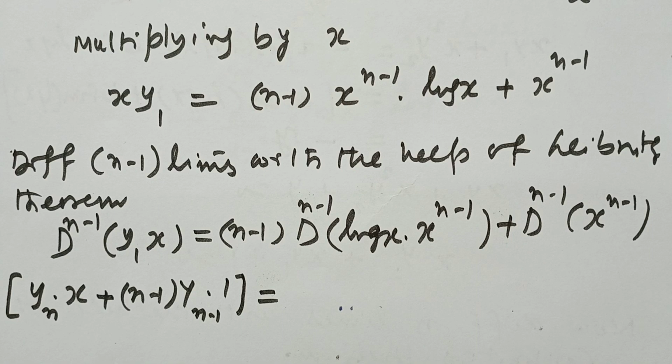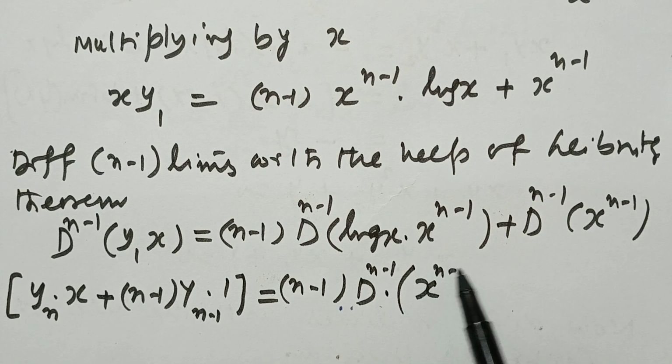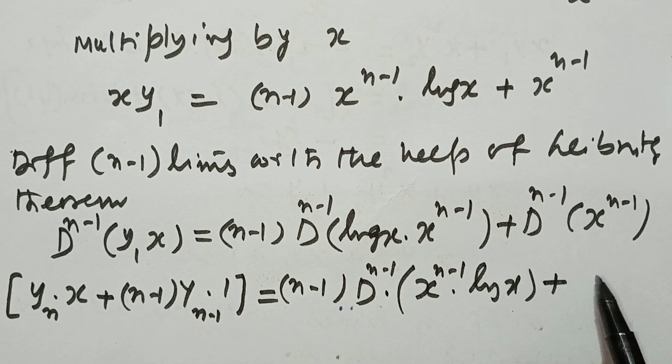Here you see the product of two functions, log x and x to the power n minus 1. Here we take x to the power n minus 1 as the first function, because of log x, and here the formula d^n x^n is equal to factorial n.